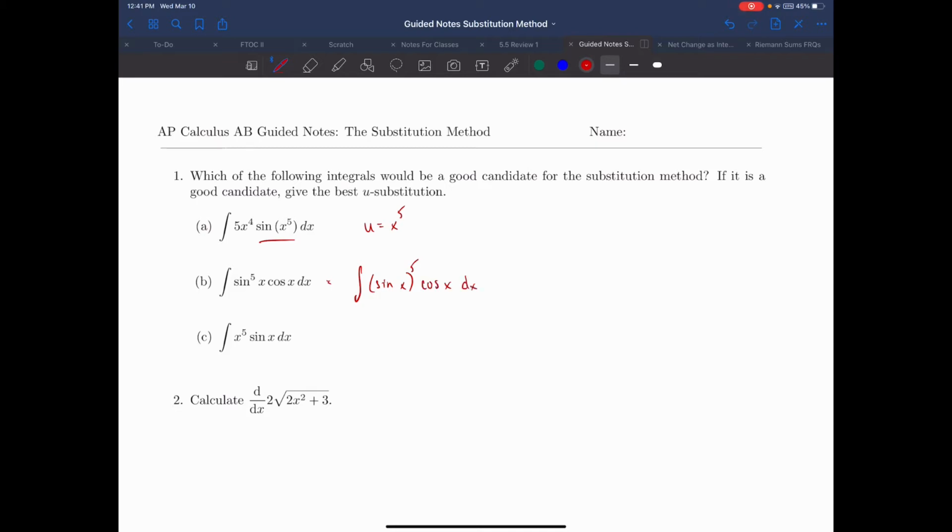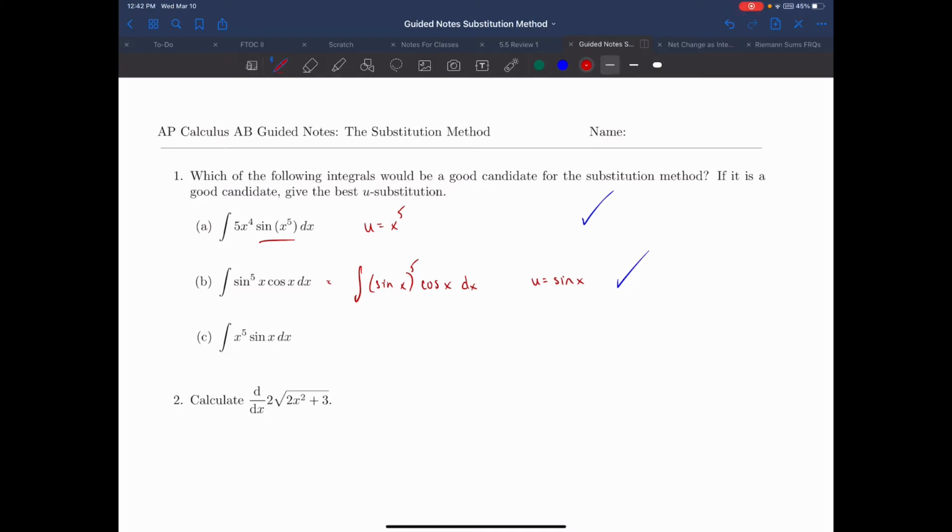Sine raised to the fifth power is rewritten like that. Then if I chose u equaling sine x, the derivative of that would be cosine x. So this would also be a good candidate. So both of these are kind of like classic examples.